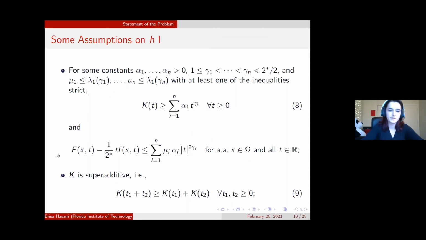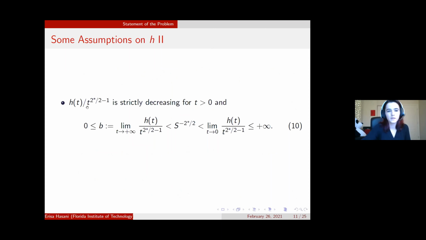We also want this difference in big F and small f t bounded above by this term over here, and that to hold for almost all x in omega and all t in R. We also require that k is subadditive, meaning for any T1, T2 positive or 0, this inequality holds in this order. Finally, for the last assumption on H, we want this fraction here to be strictly decreasing for any T positive, and for this relation here to hold.